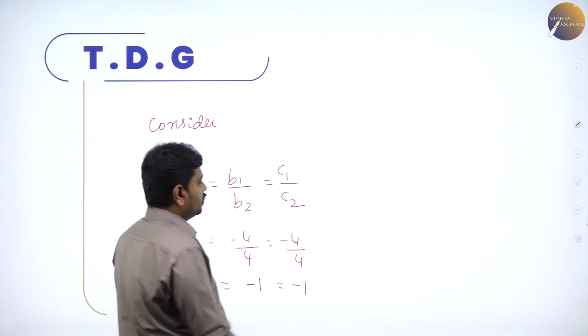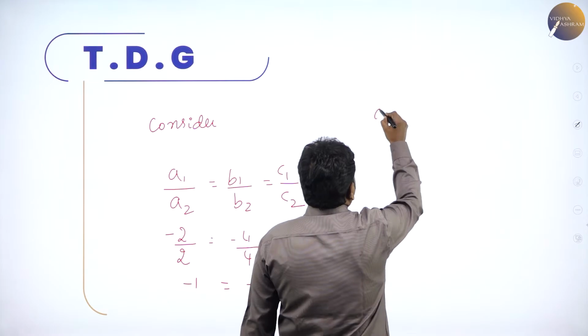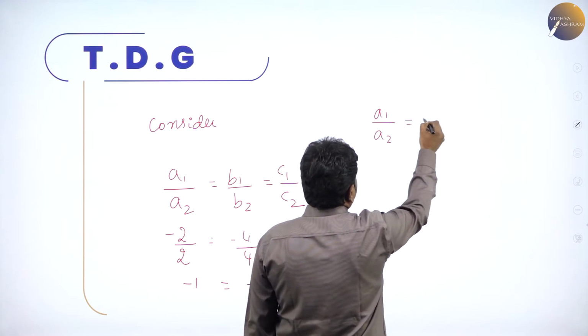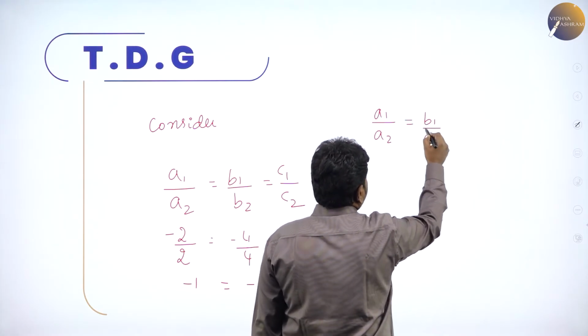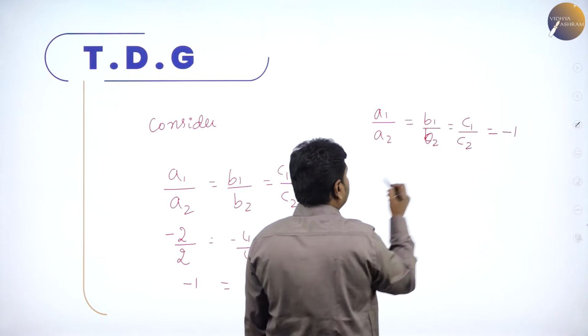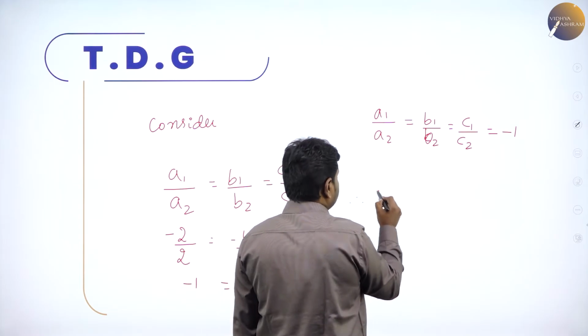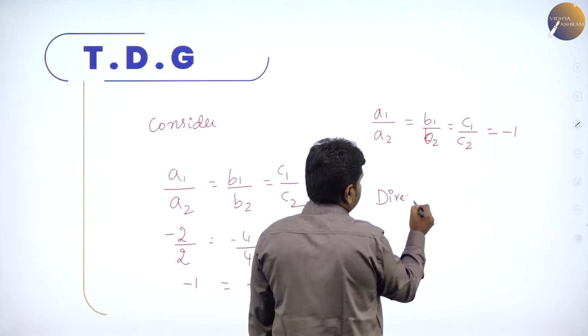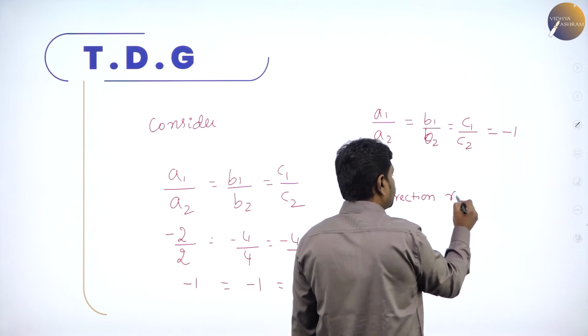All are equal. Since A1 by A2, B1 by B2, C1 by C2, we got minus 1, they are all equal. Therefore, direction ratios are proportional.